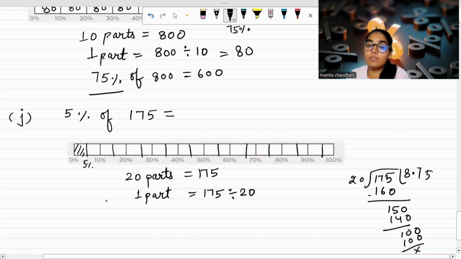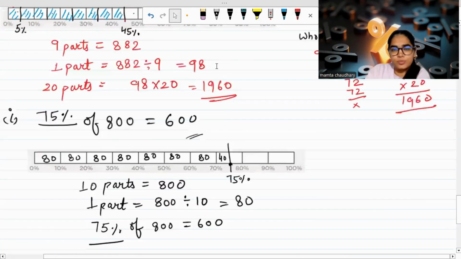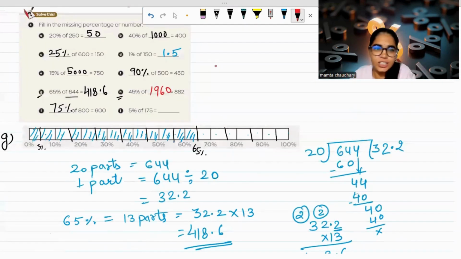Right? So 8.75. 8.75. So 5% of 175 will be what? 8.75. Okay, because 5% means one part. Okay, is it clear? So it is 8.75.